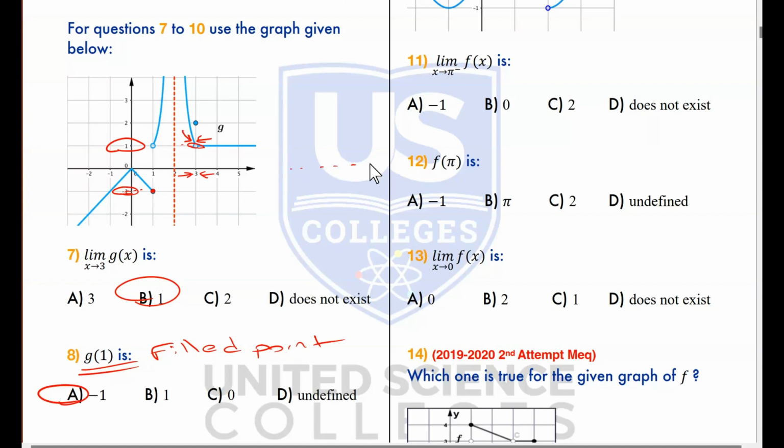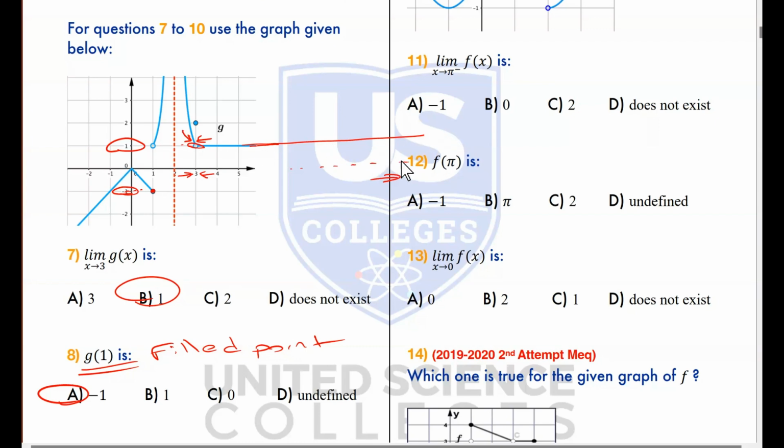When x values are heading towards infinity, the y value does not change because this part after 3 is a constant function. It is a line. It is always the same, right? No matter what the x value after that point is, it's always 1 because it's a constant function.